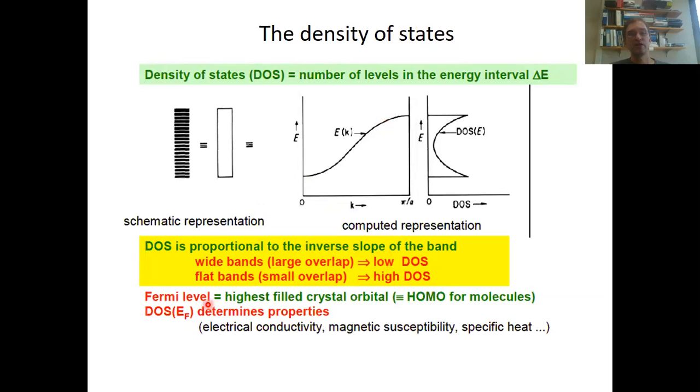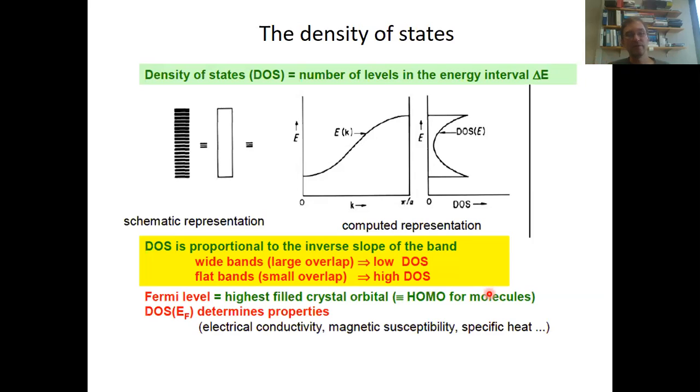Okay, so another important concept in band theory is the Fermi level. So the Fermi level is the equivalent of the highest occupied molecular orbital for molecules. So it represents the highest filled crystal orbital. Okay, so the highest occupied molecular orbital is important because it represents the highest energy electrons in the molecule, which determines many properties of the respective molecule.